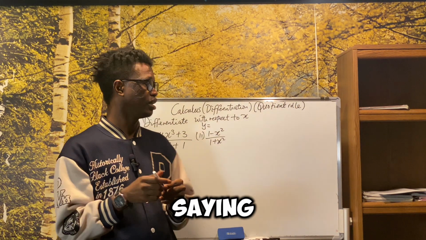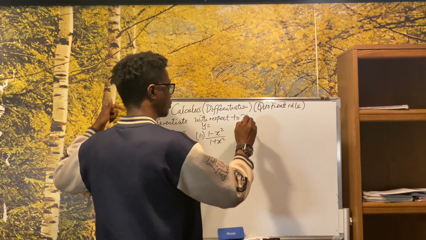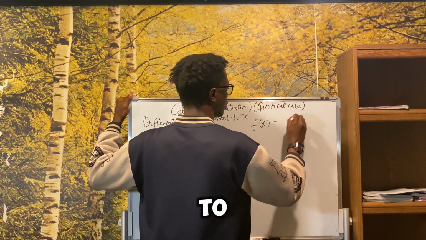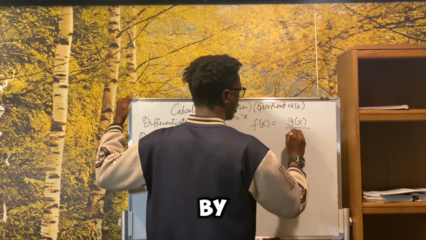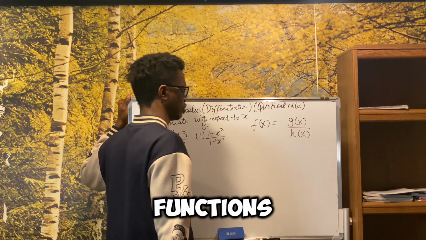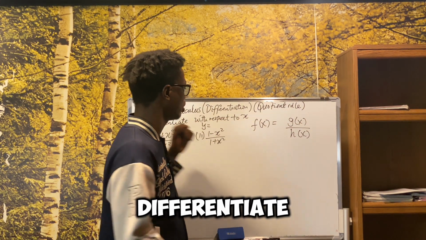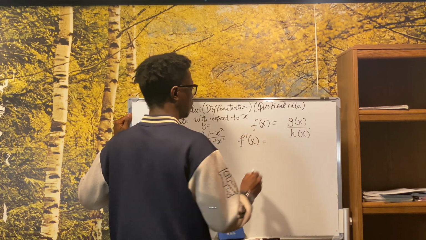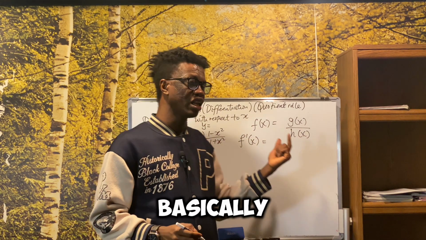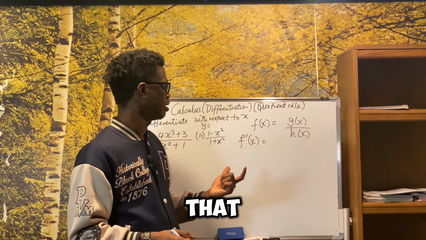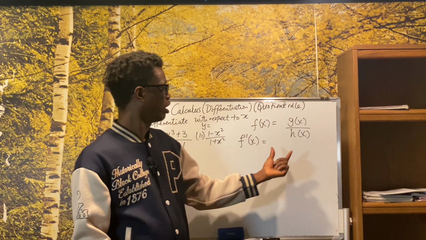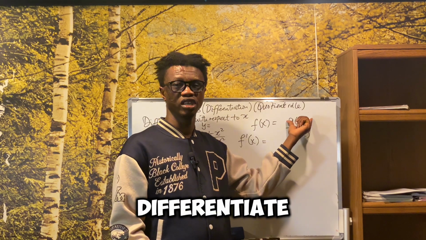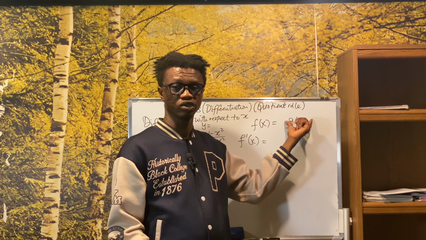It is basically saying if I have a function, let's say f of x equals g of x divided by h of x. So we have two functions. Now if I differentiate this f of x, that's the first derivative, basically what it's saying is, don't differentiate this, just hold this one, differentiate the numerator, subtract.